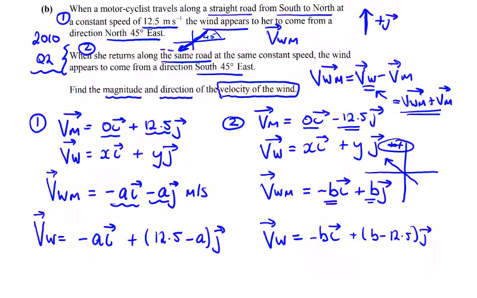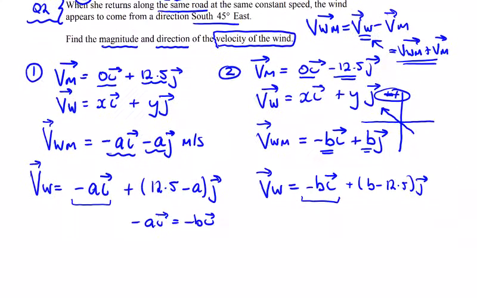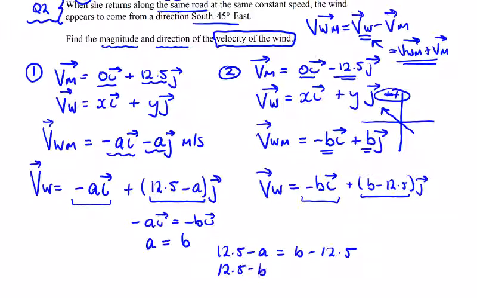So with two velocities of the wind, will this help? Minus a i is equal to minus b i, so we can say that a is equal to b. And if a is equal to b, 12.5 minus a has to be equal to b minus 12.5. If I replace a with b, I get 12.5 minus b is equal to b minus 12.5.